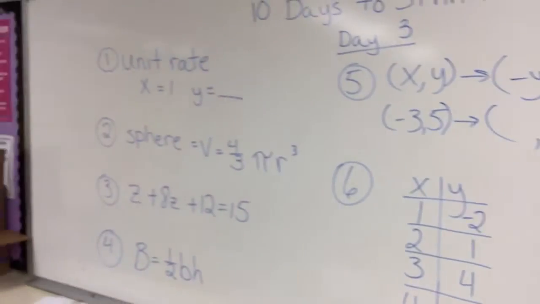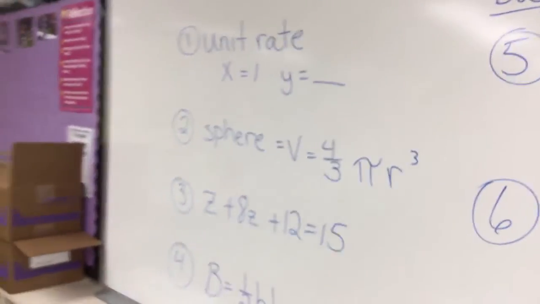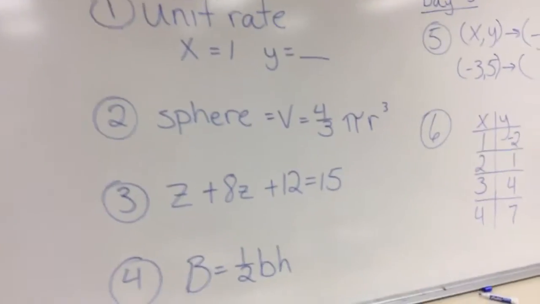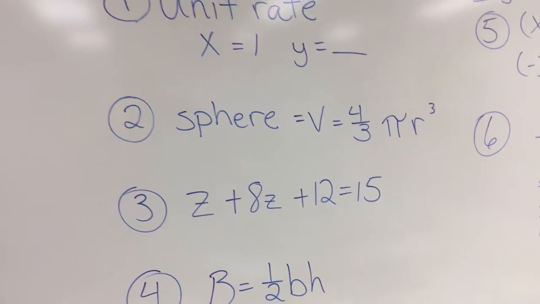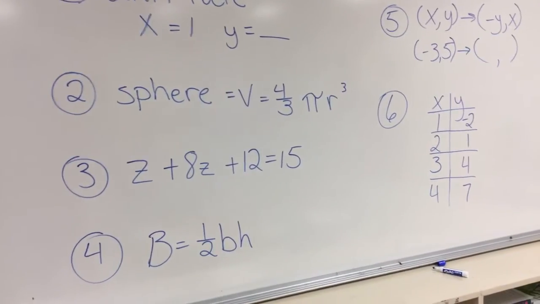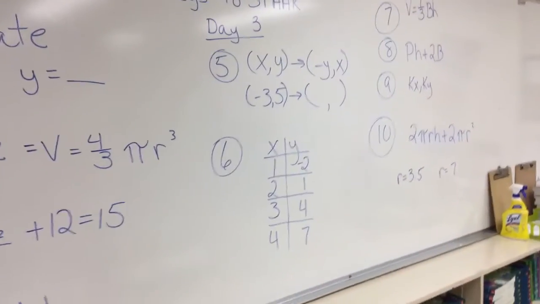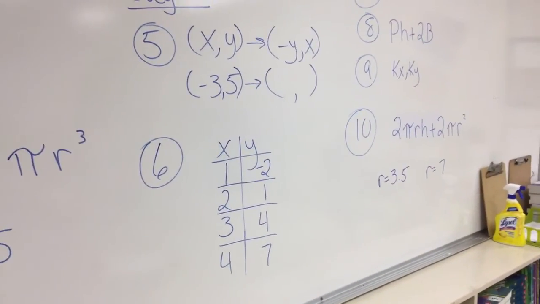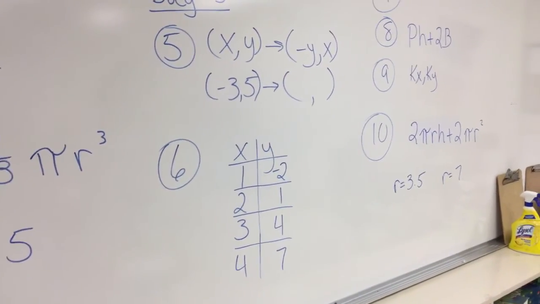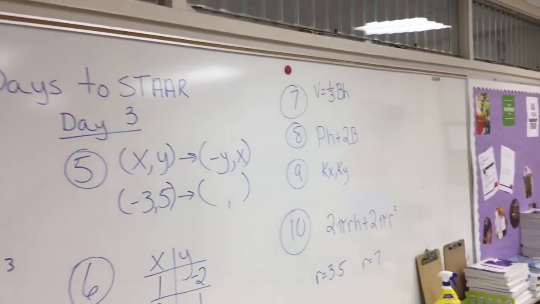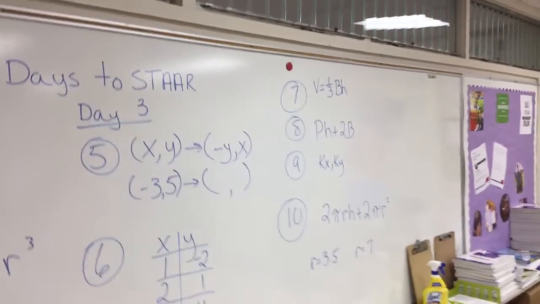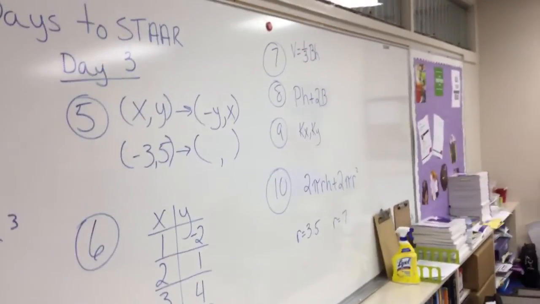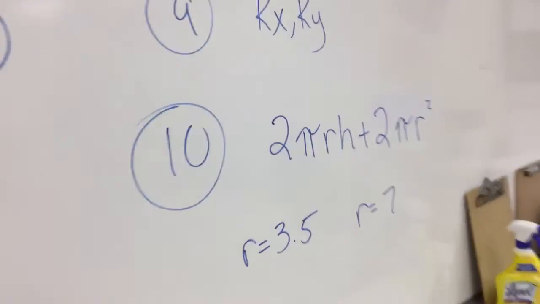So again, we're just gonna go through this one more time. All right. Number 1, we're looking for the unit rate. 2 is the sphere. 3, solving for the variable. 4, area of the base. 5 is rotations, what we did today, 90 degrees counterclockwise. 6, getting the slope-intercept form from an equation from a table. 7, volume of a cone. 8, surface area of rectangular prism. 9 is the dilation. 10, we got surface area of cylinders.